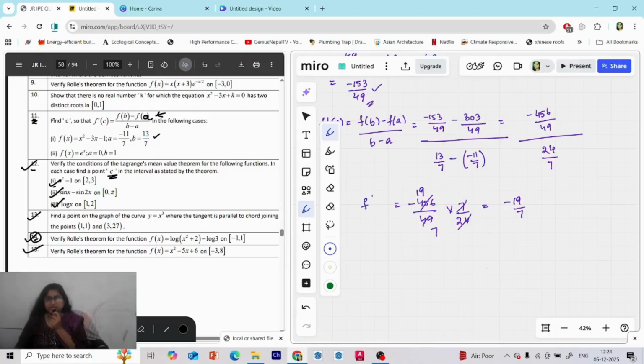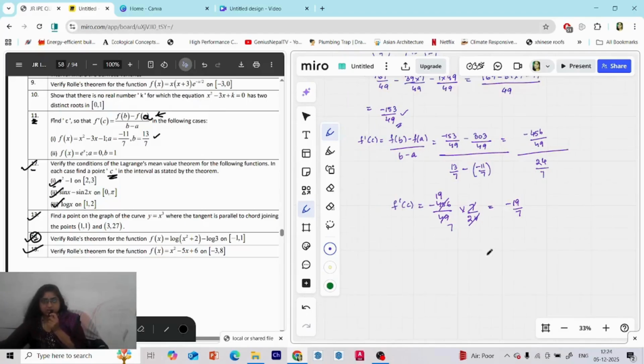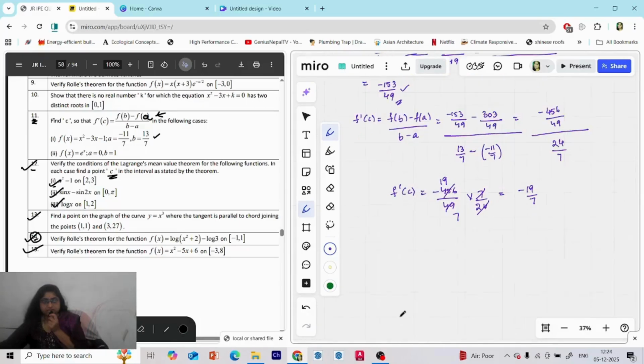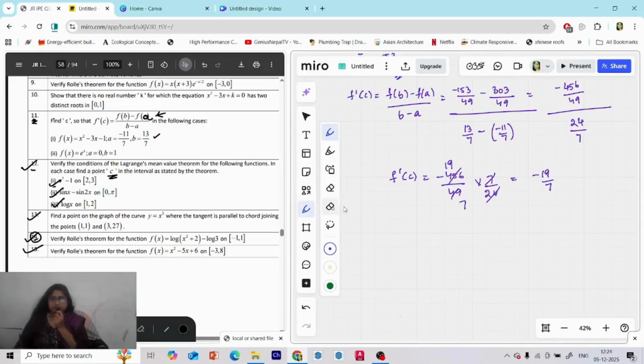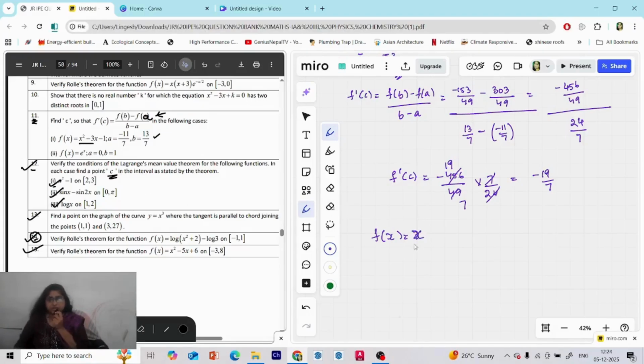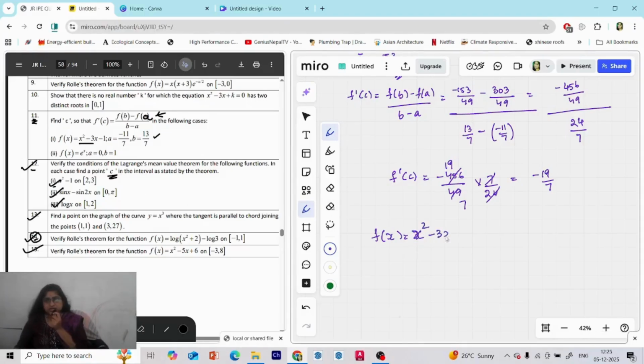What is this? This is f dash c. Now we have to find the c value, so don't we have to differentiate? Let's differentiate. F of x is equal to x square, coming back to the question, x square minus 3x. So what should f dash x be? 2x minus 3.